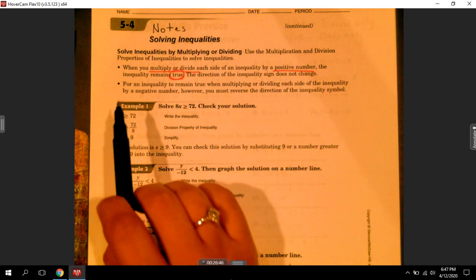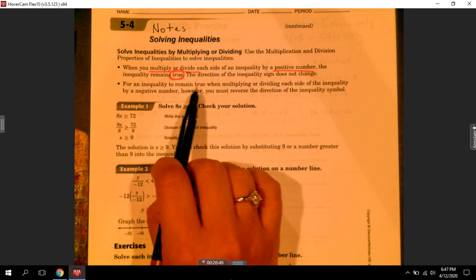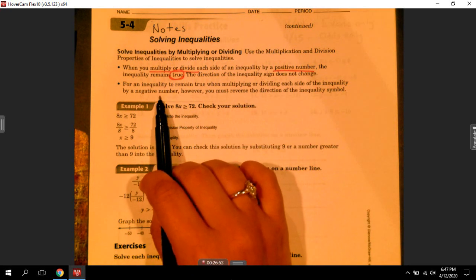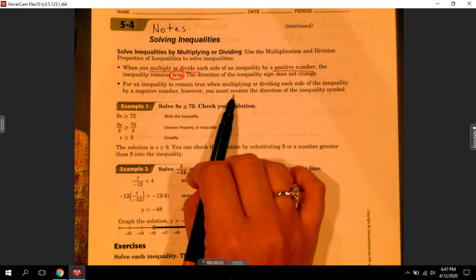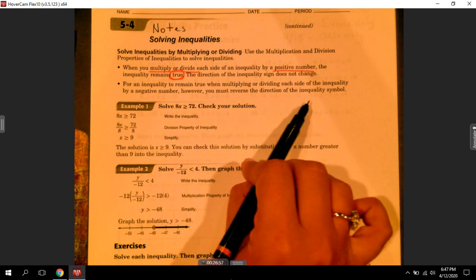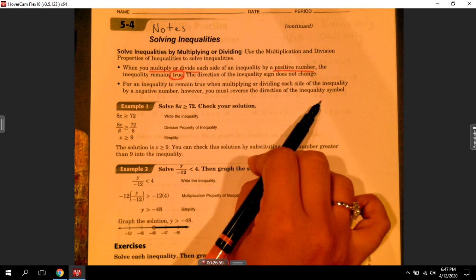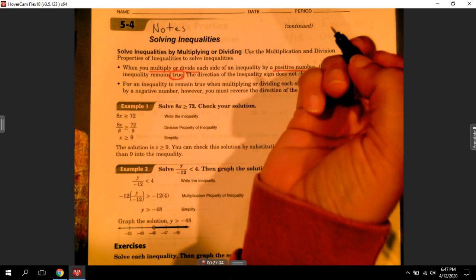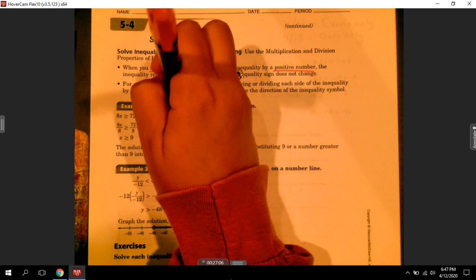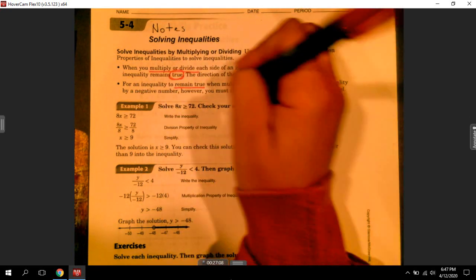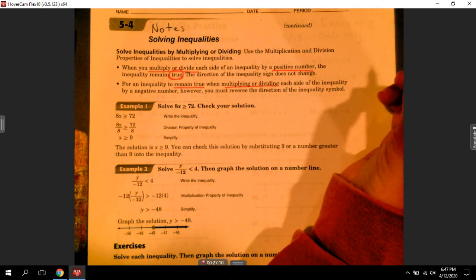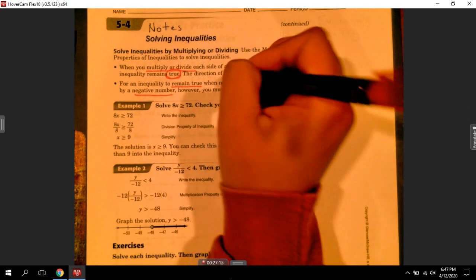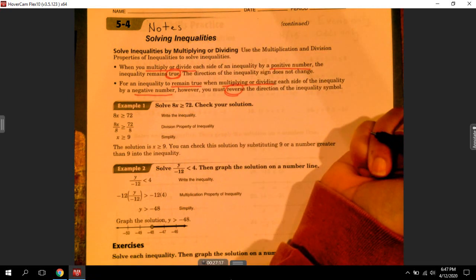Okay? For an inequality to remain true when multiplying or dividing each side of the inequality by a negative number, however, you must reverse the direction of the inequality symbol. So, they worded this a little bit differently. In order for it to remain true when multiplying or dividing by a negative number, you must reverse the direction.